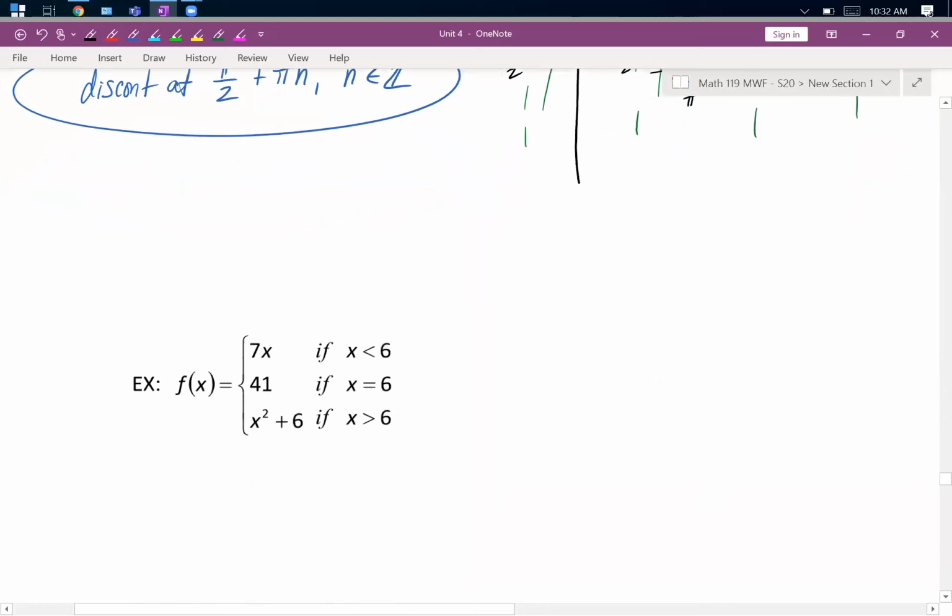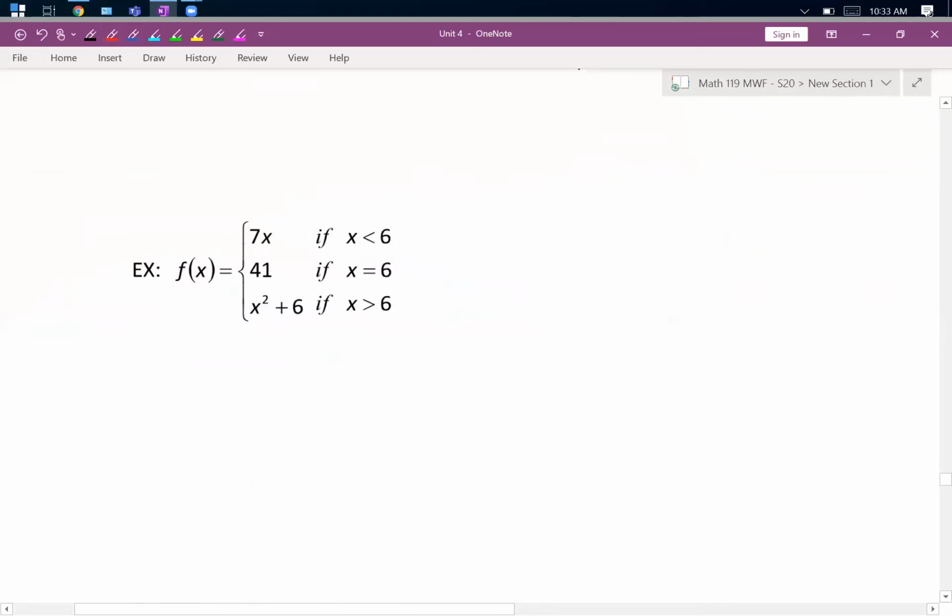All right, let's take a look at this piecewise function. We have to figure out where it is discontinuous. Well, really the place we only have to watch out for is where it's broken up. So in order for this to be continuous, that means that the left and the right hand limits have to be equal to f of 6.